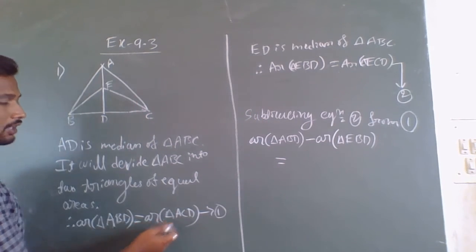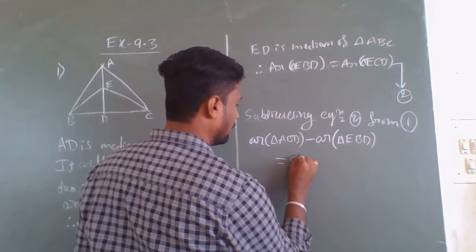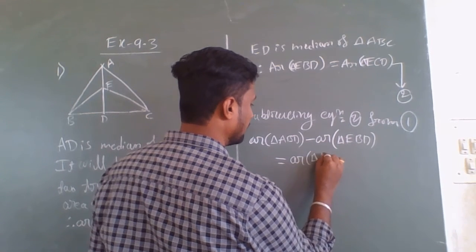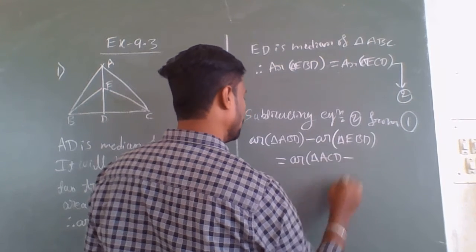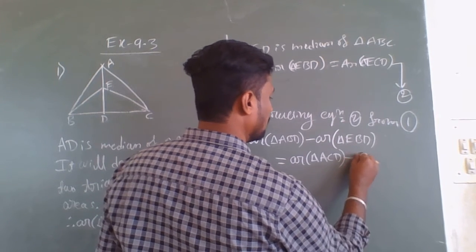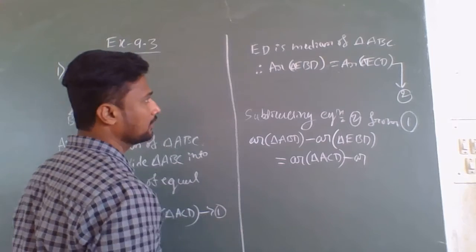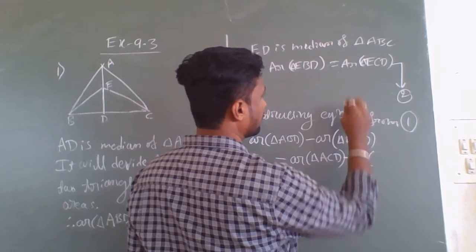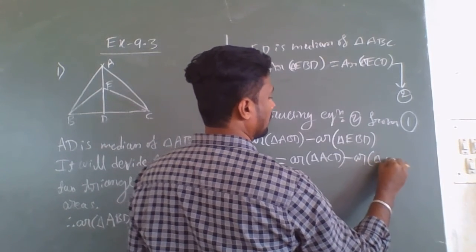Area of triangle ACD minus area of triangle ECD.